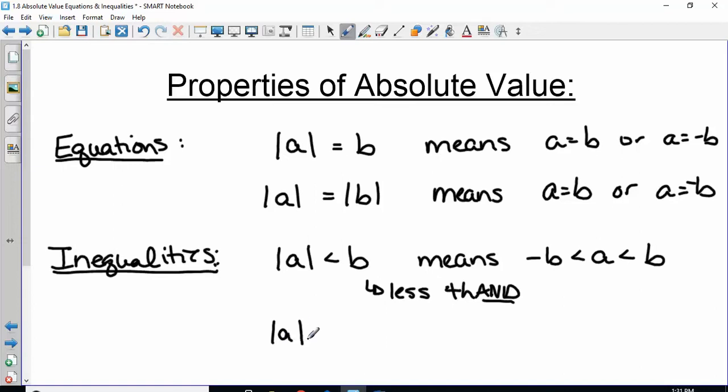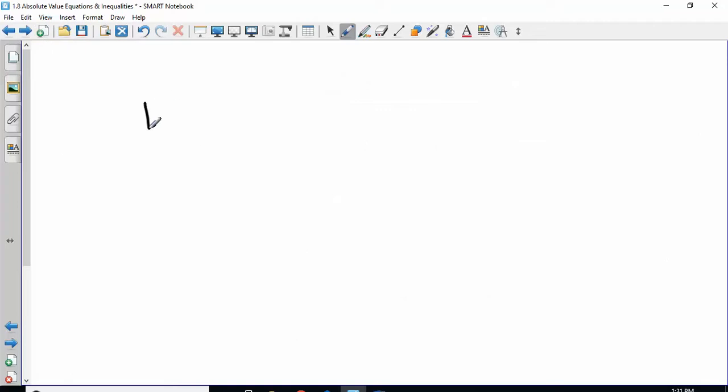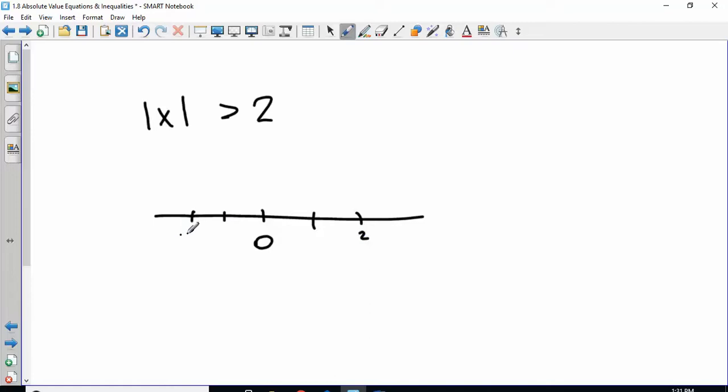If I said greater than, so think about it. If I said the absolute value of X is greater than 2, that means you have to be more than 2 away from 0. So you could be bigger than 2, or you could be smaller than negative 2.